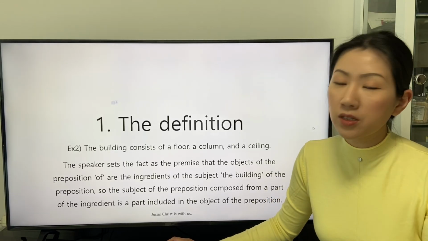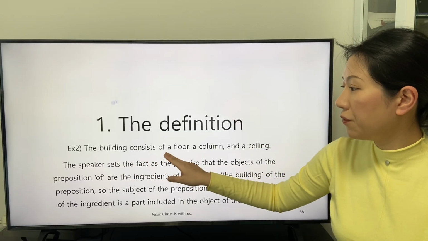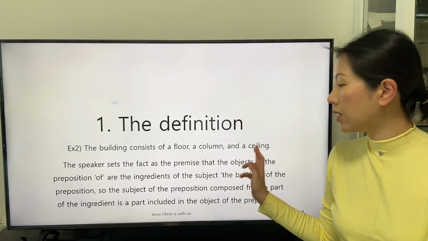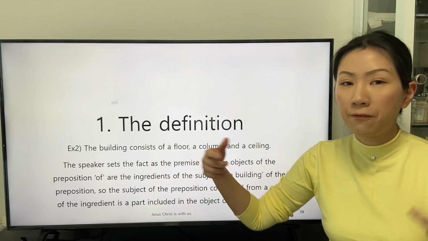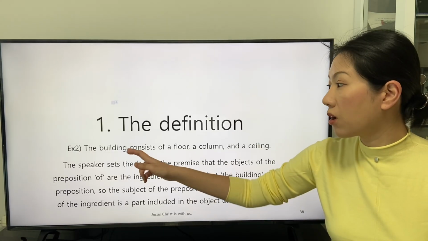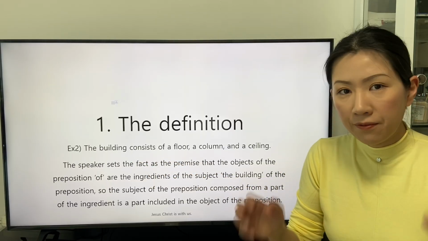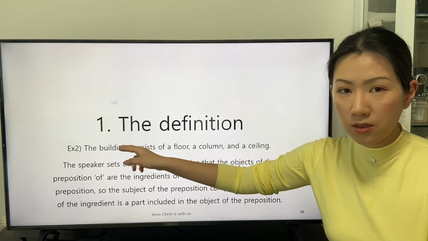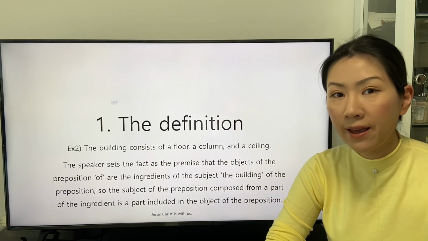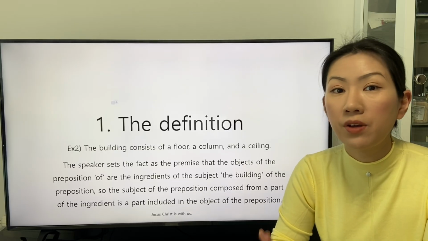In the previous class, we studied this clause. The building consists of a floor, a column, and a ceiling. We commonly use the verb phrase consists of. In the verb phrase, the verb consist does not have transitivity.